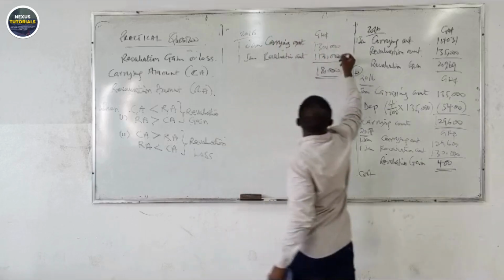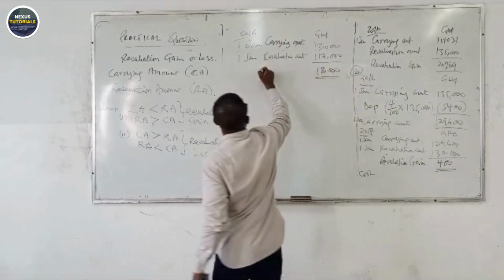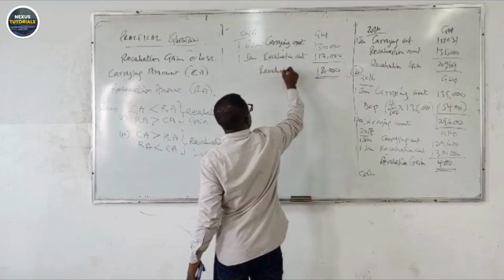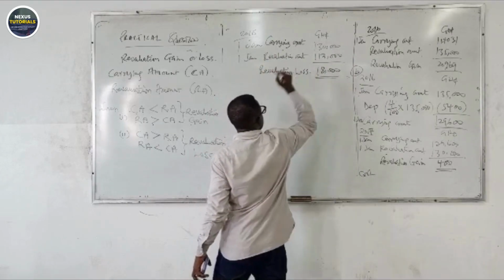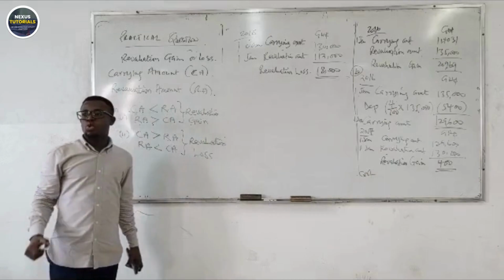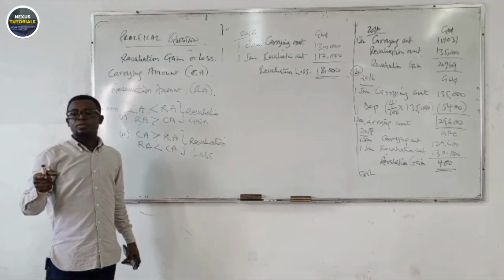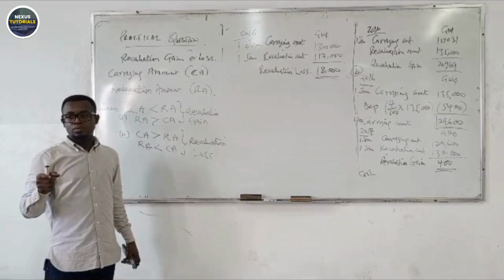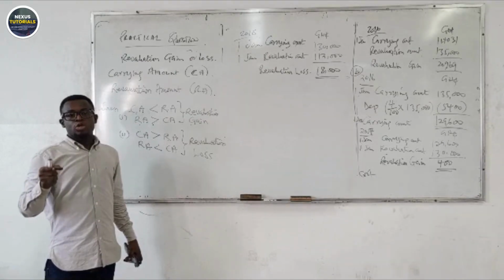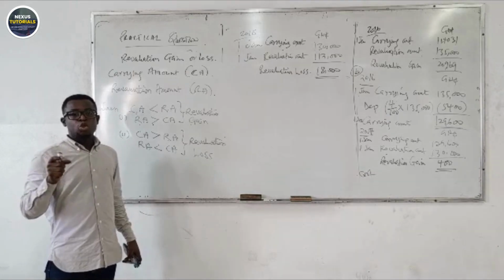So we're going to have a revaluation loss. So what is the big question again? Account for the revaluation surplus or loss for 31st December 2017 and 31st December 2018. So these are the two.